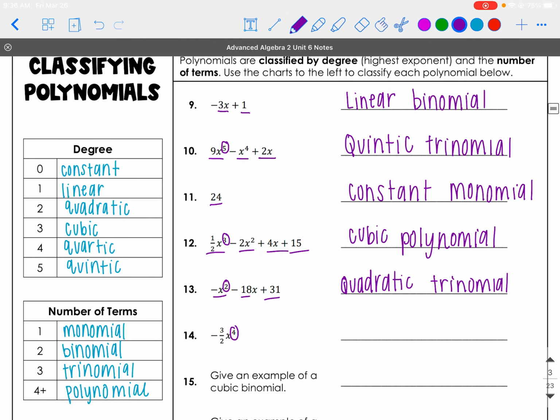Number 14, that would be a quartic. And it's just one term, monomial.